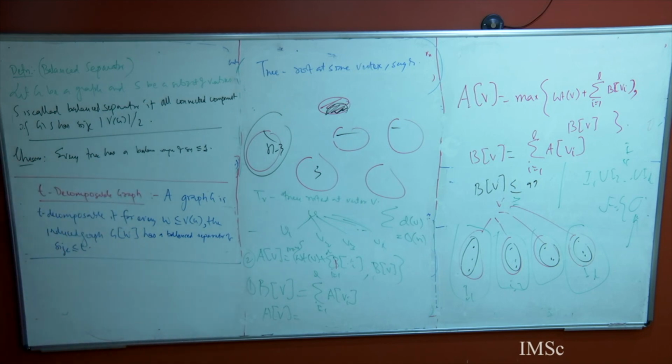This is my definition of t-decomposable graph. If you look at the induced subgraph, I can come up with a balanced separator of that induced subgraph of size at most t.